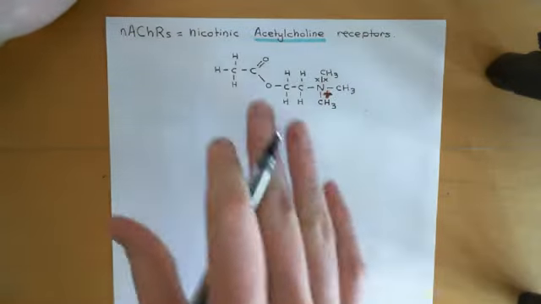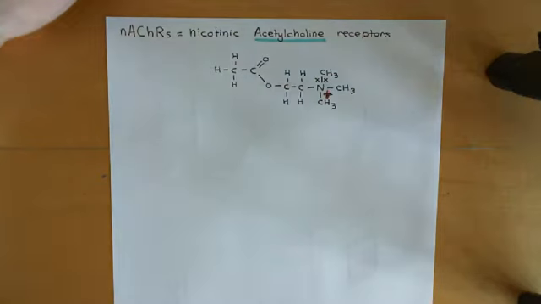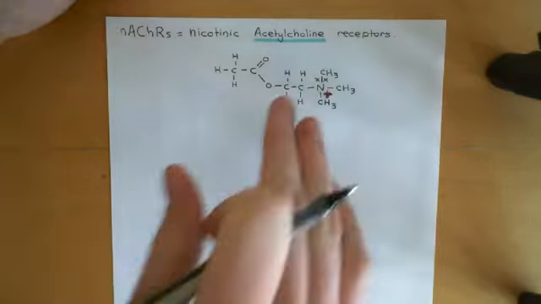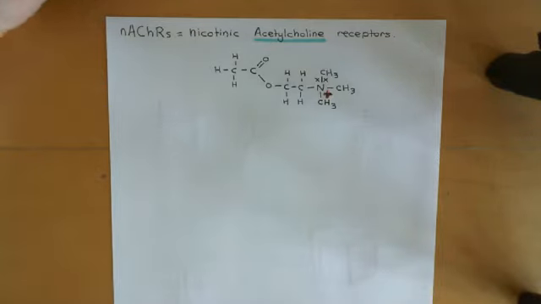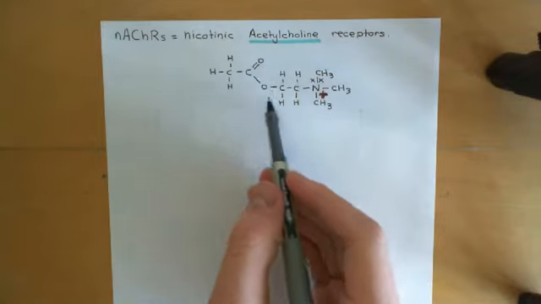So that means that this choline molecule actually has a positive charge here, and that will become important when we want to discuss how acetylcholine actually binds to the acetylcholine receptor. The positive charge is going to be extremely important in the example of the nicotinic acetylcholine receptor ligand binding pocket. Okay, so that then is the neurotransmitter acetylcholine, and just to stress again, this is the choline molecule here.